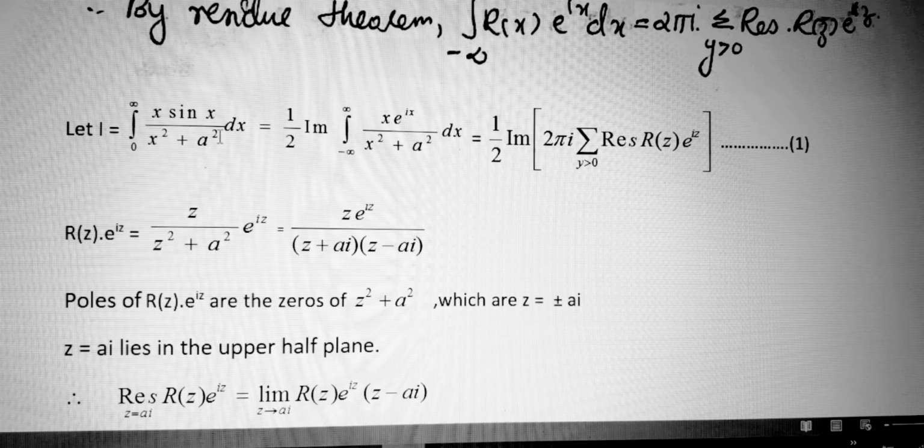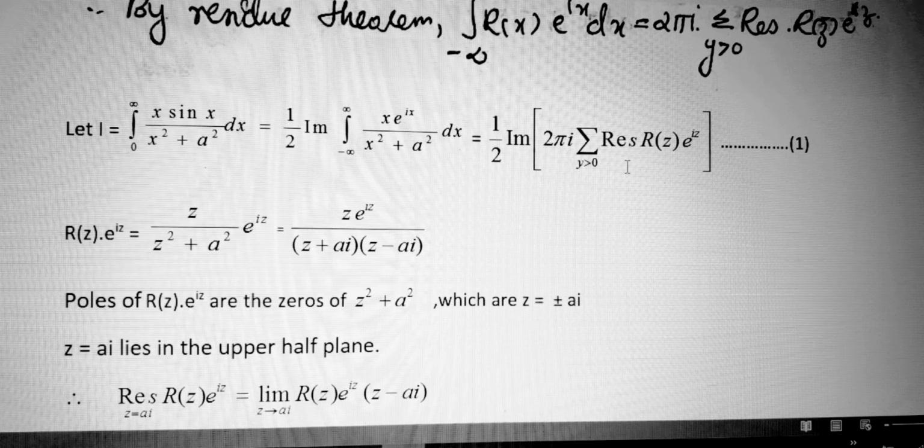Therefore this integral can be written as half of imaginary part of integral minus infinity to infinity x e raised to ix by x square plus a square dx, which is equal to half of imaginary part of 2 pi i into sigma over y greater than 0 residue of r of z into e raised to iz, which is equation 1.